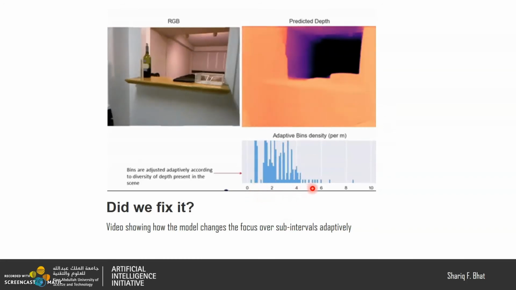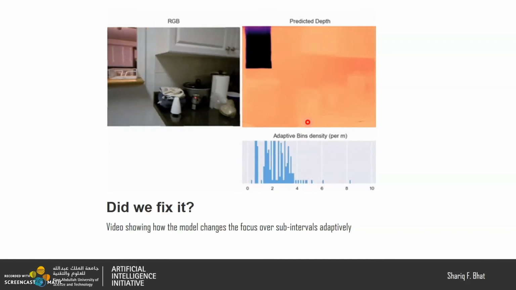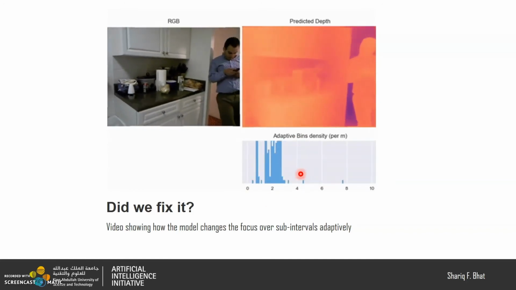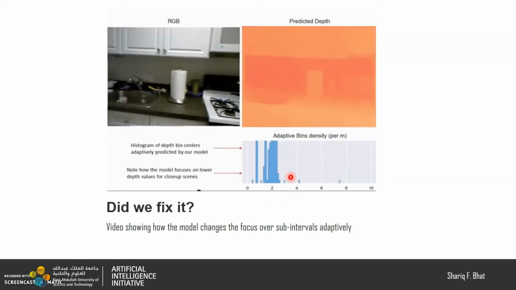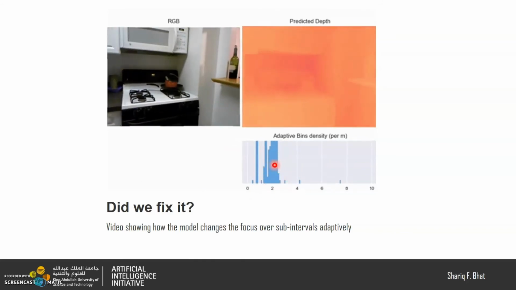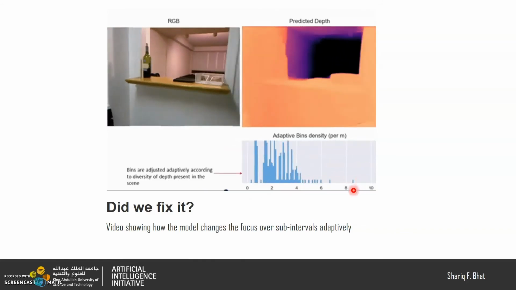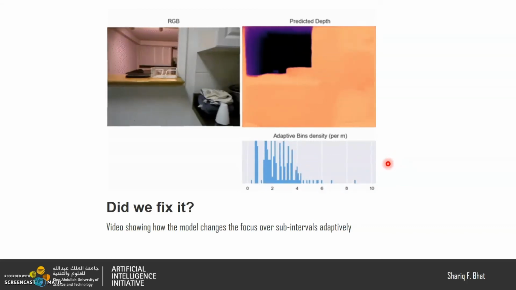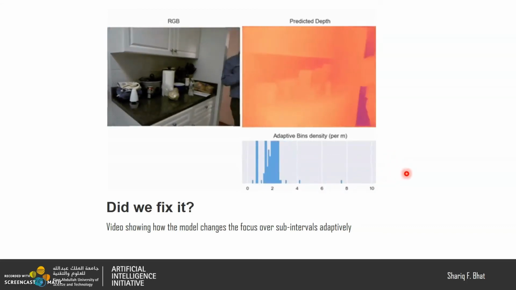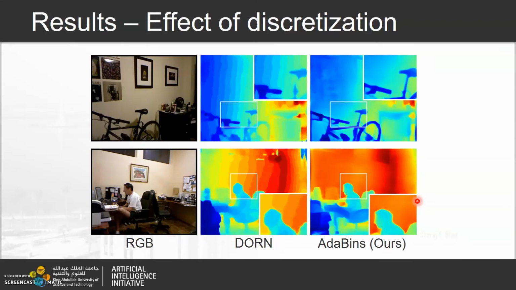Observe how the model changes the density of the bins according to the input image by focusing on smaller ranges for close-up scenes and then distributing the density for others. And since we take the expectation over the bins, we get much smoother depth maps compared to the prior works that also use discretization.